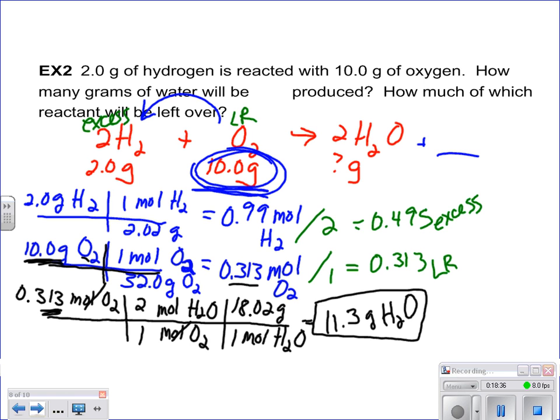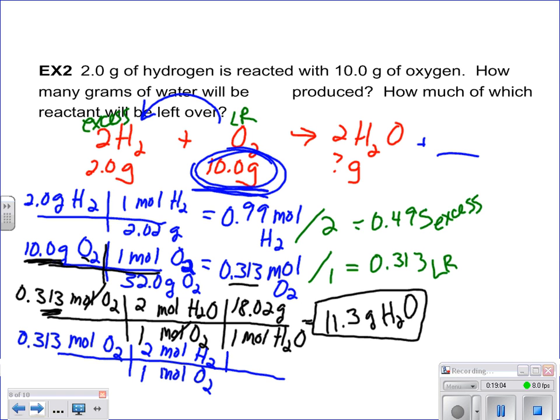Starting with the fact that we use 10 grams, or in other words, we use 0.313 moles of oxygen. That's the same as those 10 grams. Now what we want to do is figure out how many grams of hydrogen is used when all of those 10 grams of oxygen are used. So we get rid of our moles of oxygen, go to moles of hydrogen. 2 goes with the hydrogen, 1 goes with the oxygen.